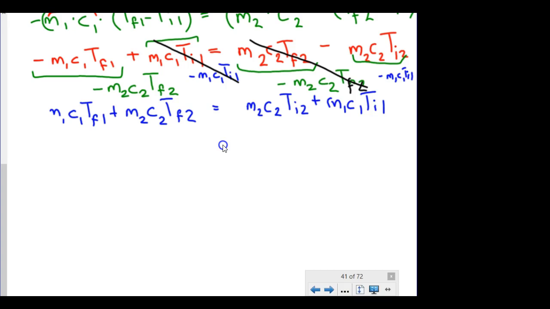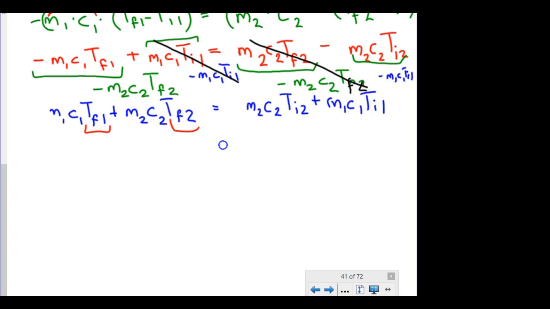We're almost ready to solve the question. This term and this term are the same.